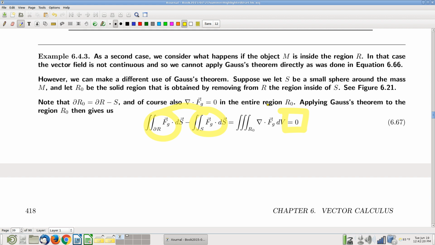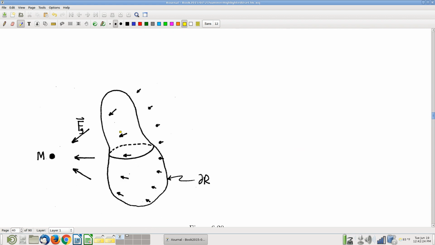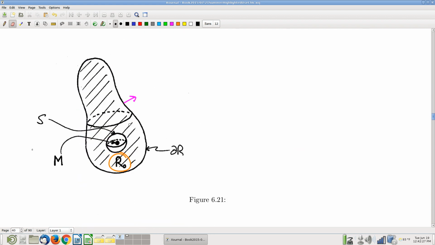Okay. Now, who cares about that? The reason this is interesting is because if you go back to this picture, we've got a certain amount of mass at this location. We ask, what is the boundary flux there?